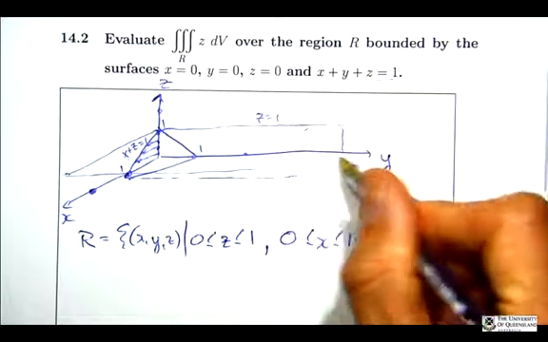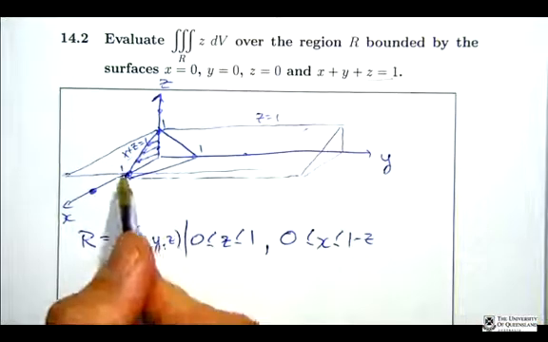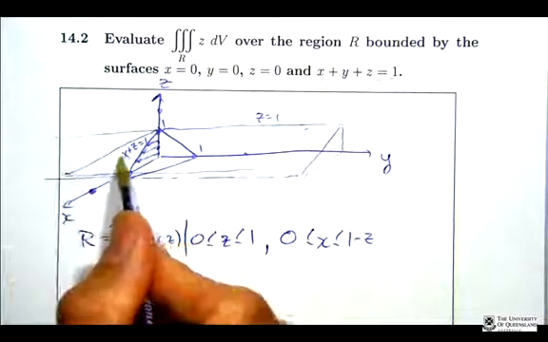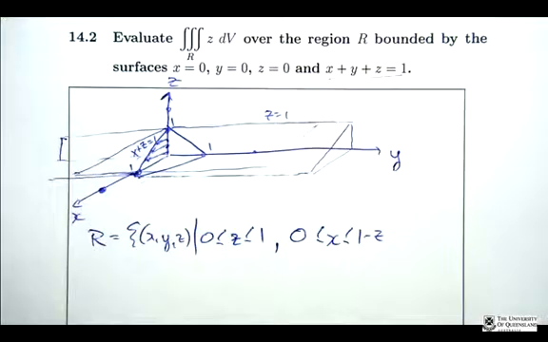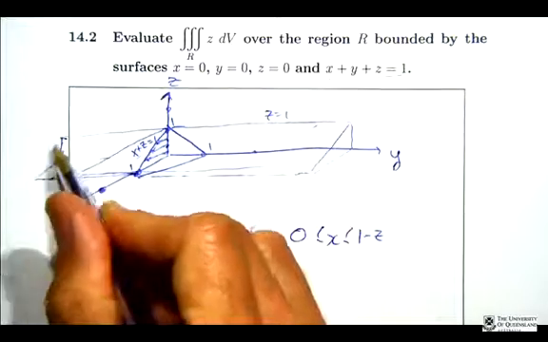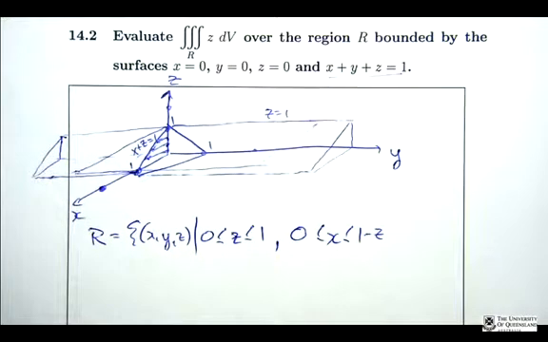What this is telling us is that our region lies somewhere, so I'll extend these axes off to the edge in both directions, in this infinitely long tube which runs parallel to the y-axis and has a triangular cross-sectional shape.